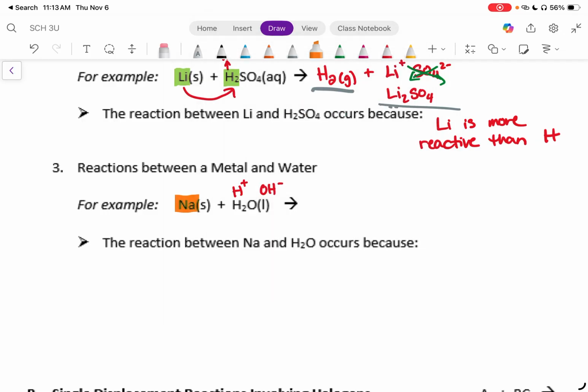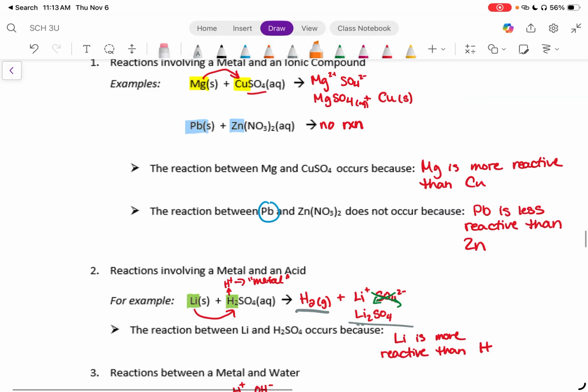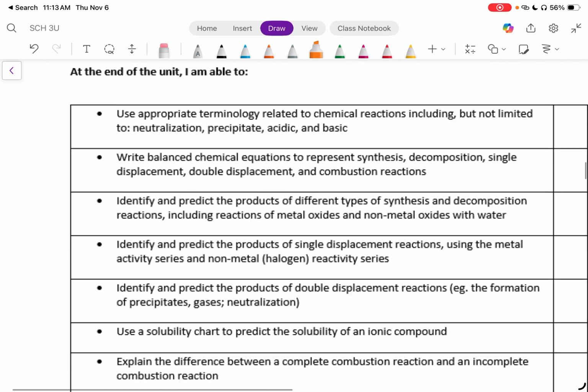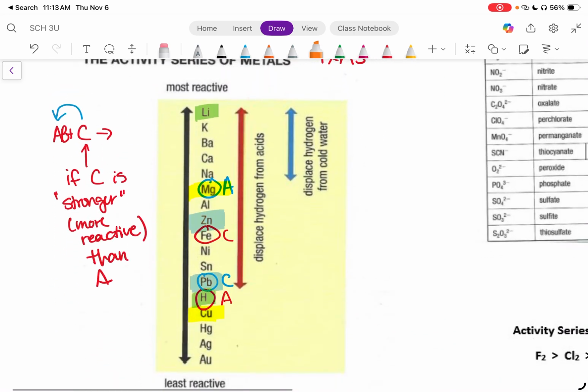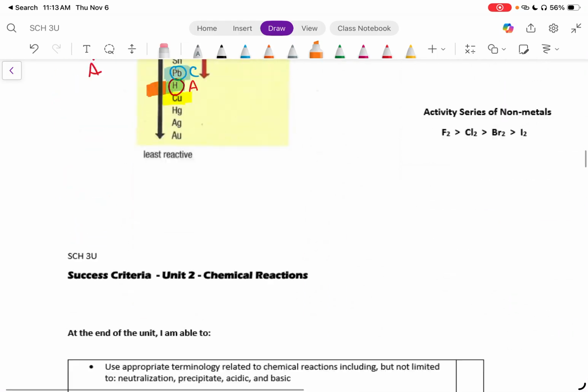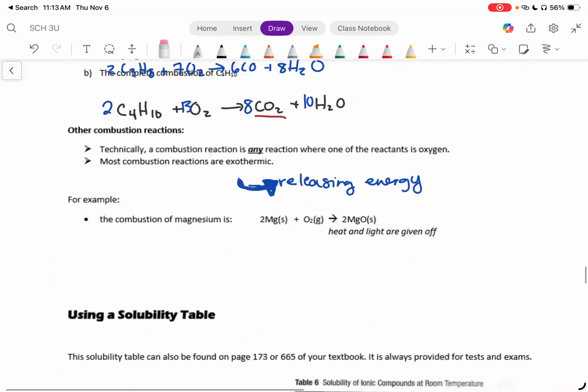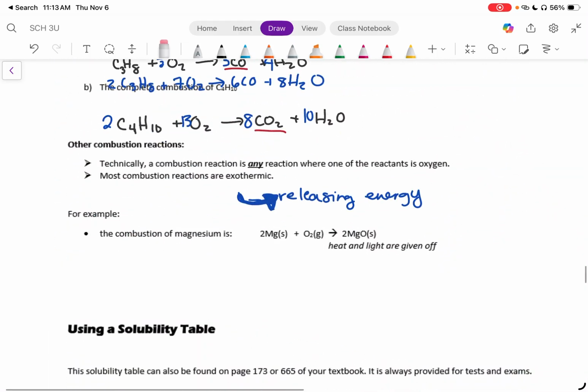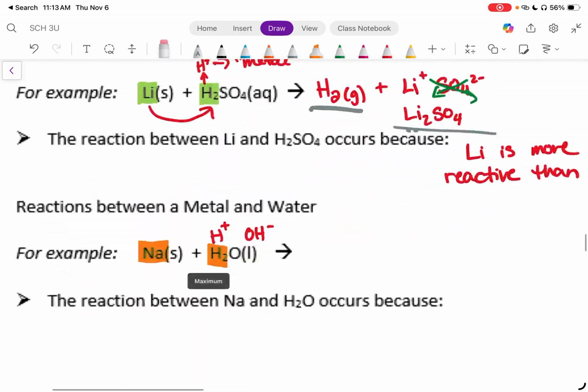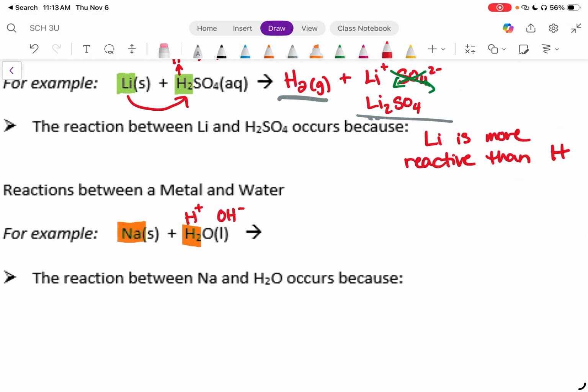So now I'm going to take a look for sodium and hydrogen on my activity series. So let's look. Sodium is up here. Hydrogen, again, right down here. So my sodium is more reactive than my hydrogen, so it will displace it in this reaction, and the reaction will occur. So that's always my first check.